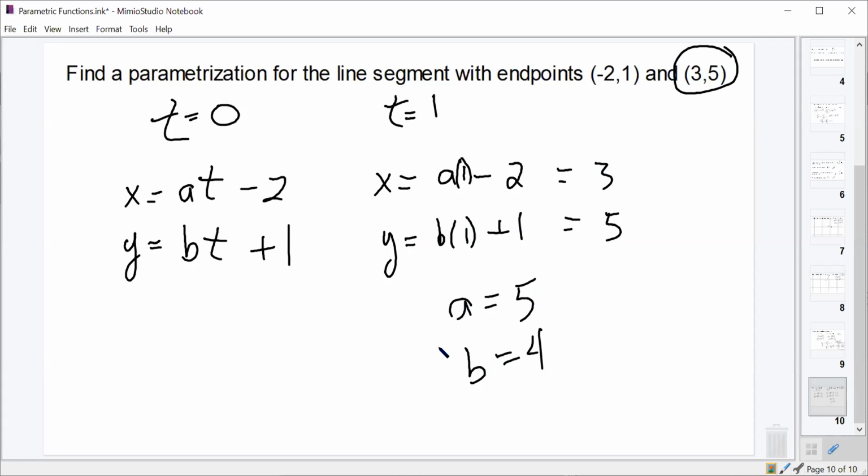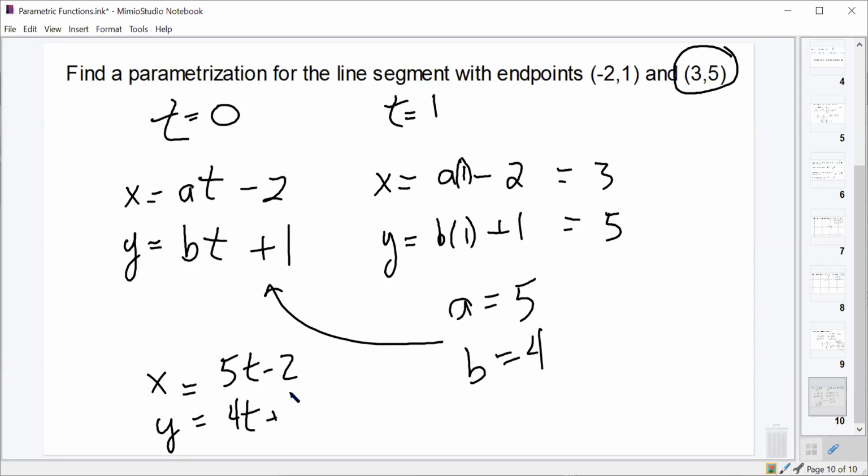And so we just go and throw those back in over here to give us x is equal to 5t minus 2, y is equal to 4t plus 1 for t less than or equal to 1, greater than or equal to 0. Does that make sense to everybody?